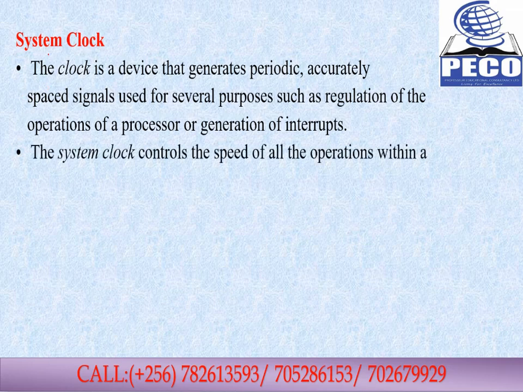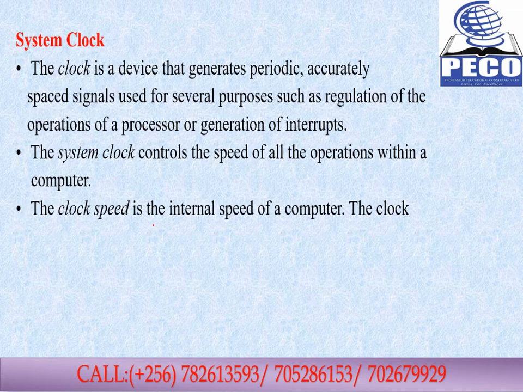So the system clock controls the speed of all the operations within a computer. This can be the best definition you can use. The clock speed is the internal speed of a computer.